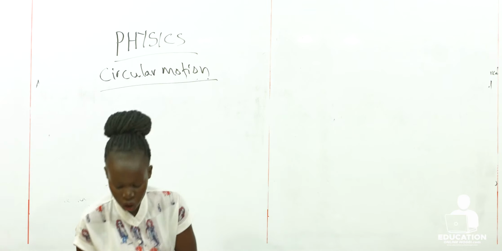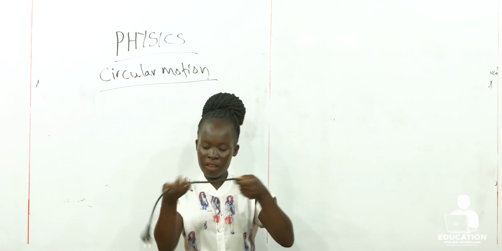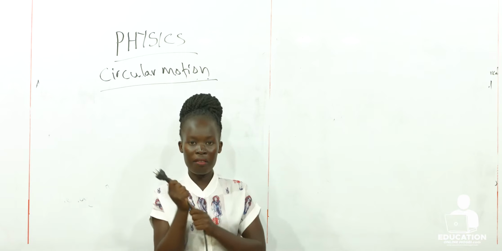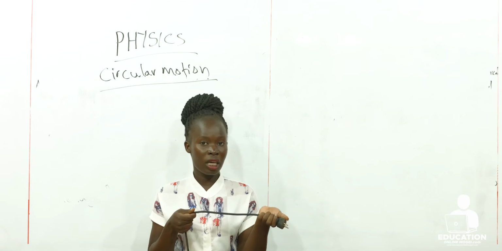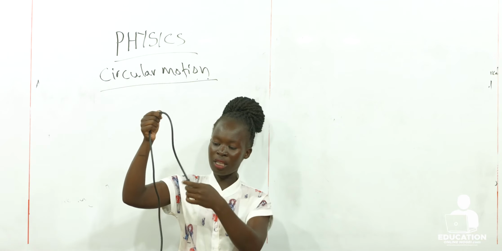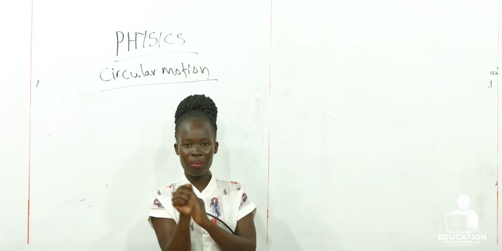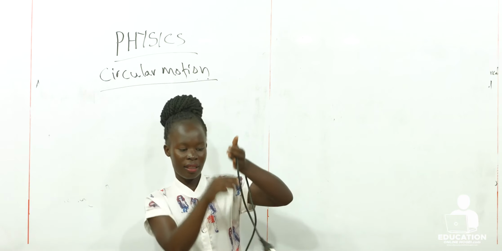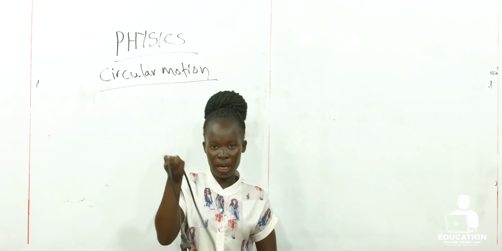With circular motion, let's take a look at this example. I have this wire. I am going to swing it, and let's see what happens. Assuming this is just like a pendulum bob, let's take the top of the wire as the bob, and then our string. I'm going to hold it right here.